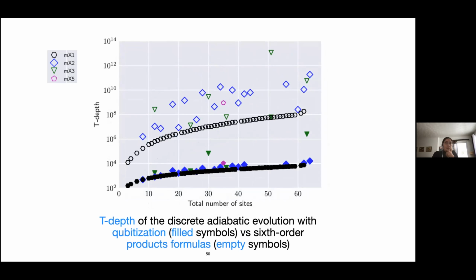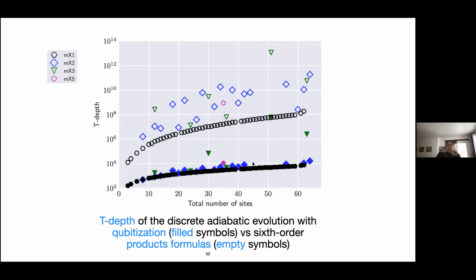But not only that, the other advantage, as I already mentioned, of using the qubitized unitary instead of the exponential of the Hamiltonian, is that you have an efficient and actually an exact implementation of the unitary.